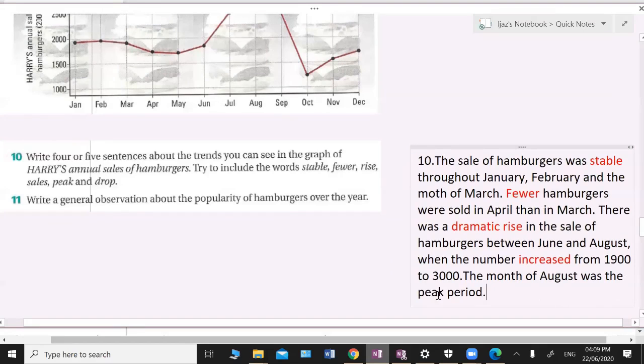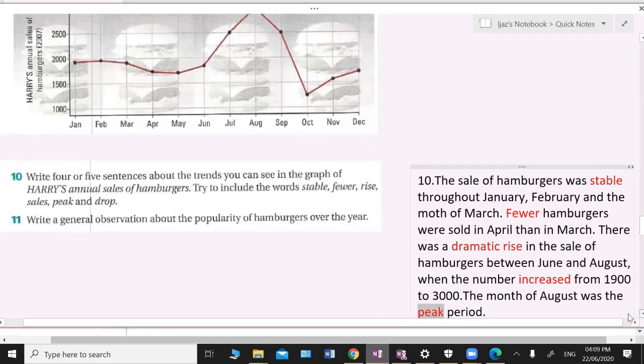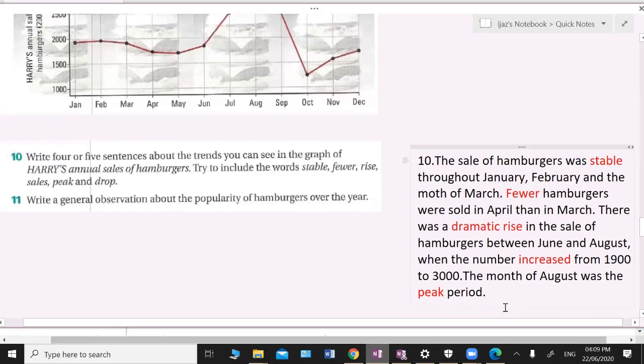Full stop. Okay. So we have used almost all the words here. So this is how we can explain something like this. So can someone read these sentences which we have written?